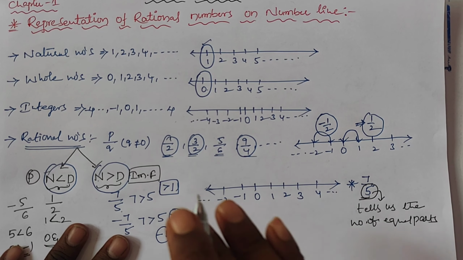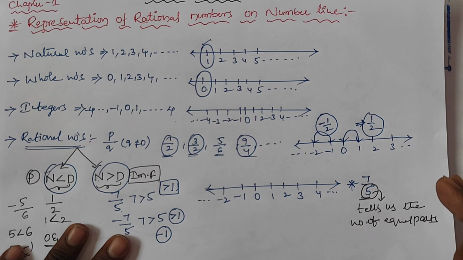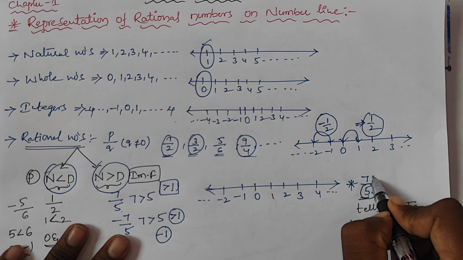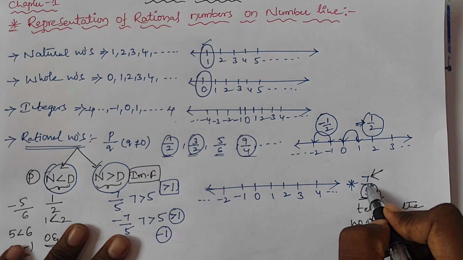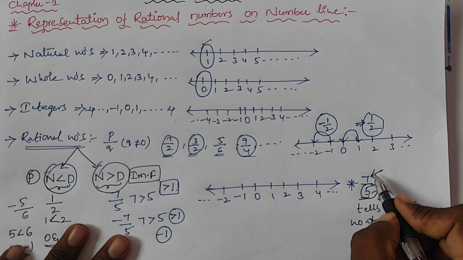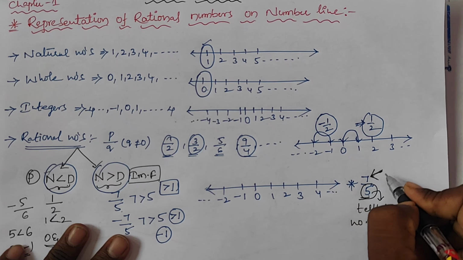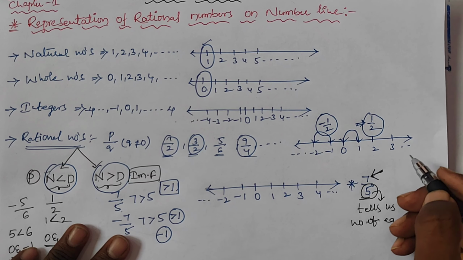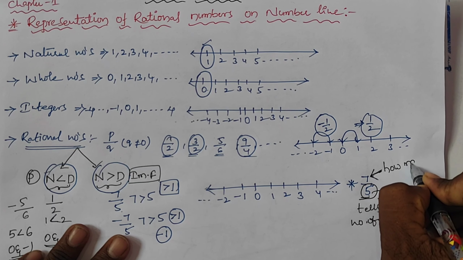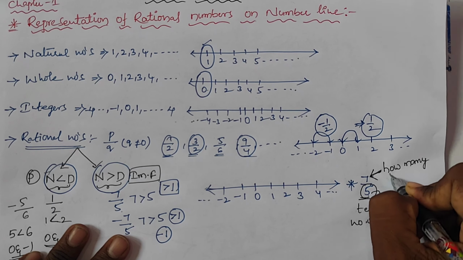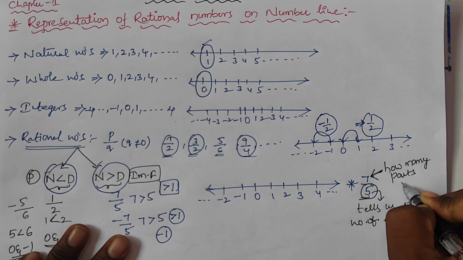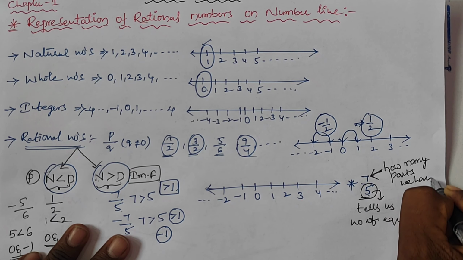That means we have to consider 5 equal parts. Now, what about the numerator? Here 7 is the numerator, isn't it? So this numerator tells us how many parts we have to consider.